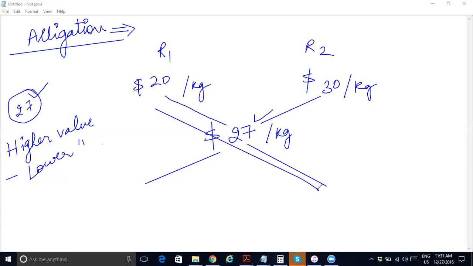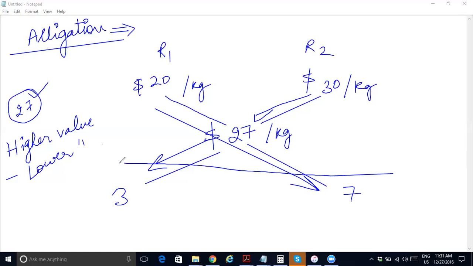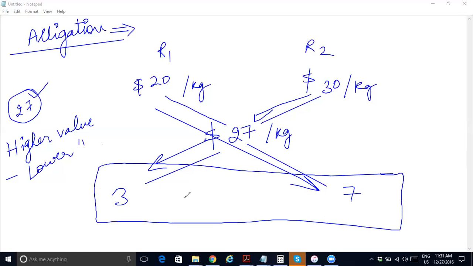Along this leg of X, we get 7 and there 3. So, what are we getting now? This 3 and 7 does not represent any particular value. It is simply giving us the ratio in which we should be mixing these two quantities.